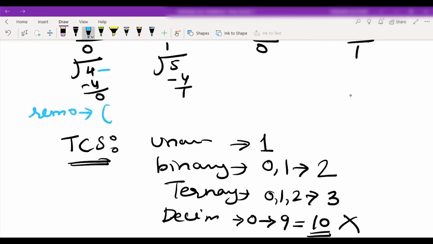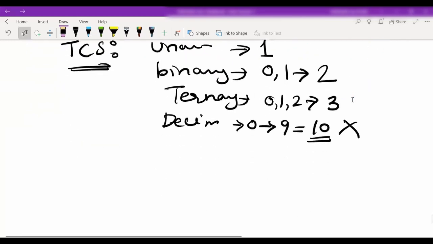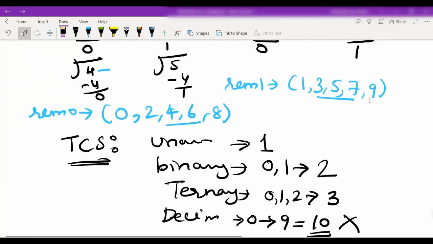The numbers generating the remainder 0 are 0, 2, 4, 6 and 8. The numbers generating the remainder 1 are 1, 3, 5, 7, 9. They belong to the same category, so we consider them as two sets: the remainder 0 and remainder 1 conditions.